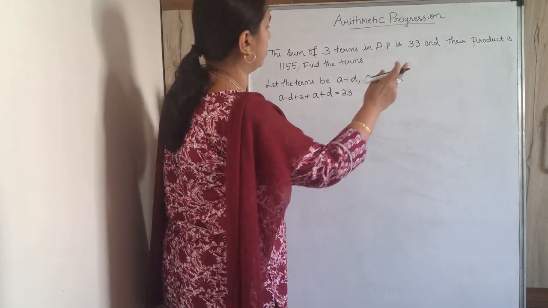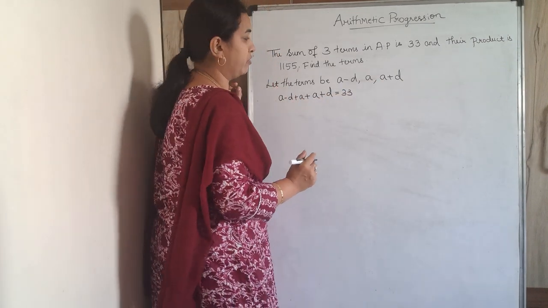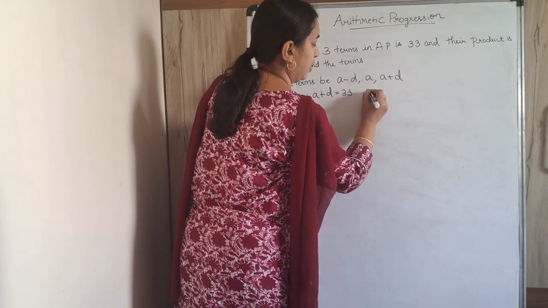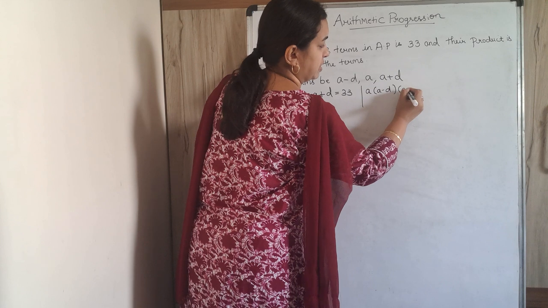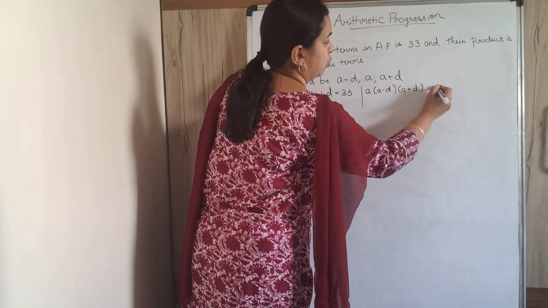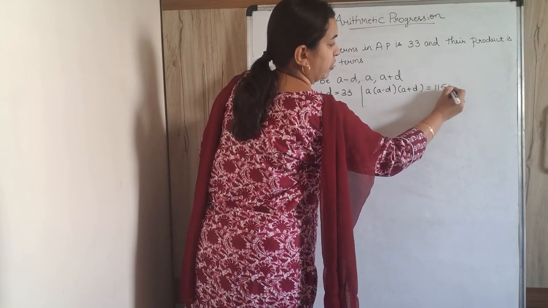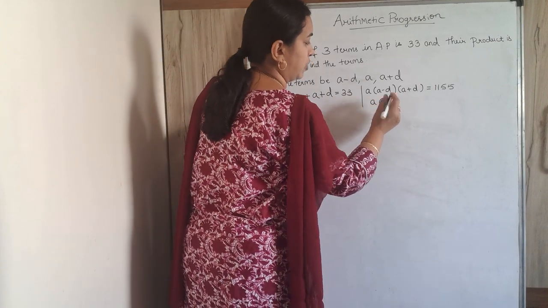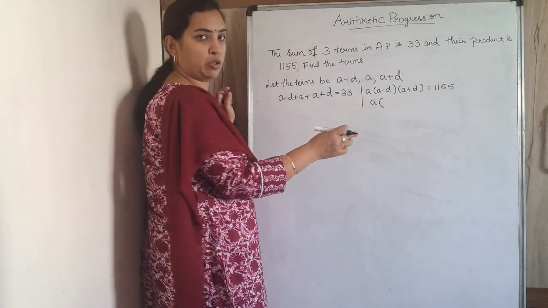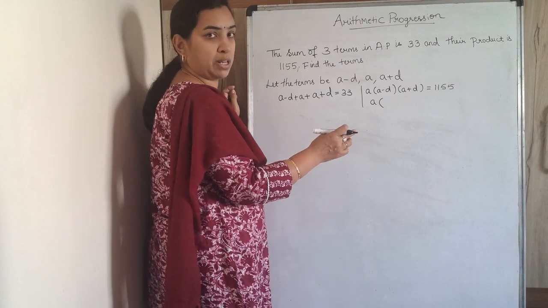Okay. And they have given their product is 1155. So it will be A into A minus D into A plus D, which will be equal to 1155. Okay. So, since it is in the form A plus B into A minus B, it gives A square minus B square.